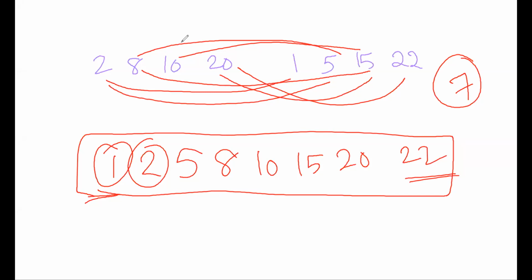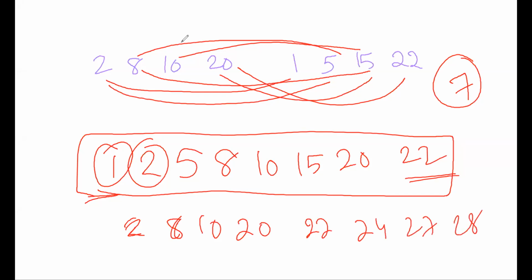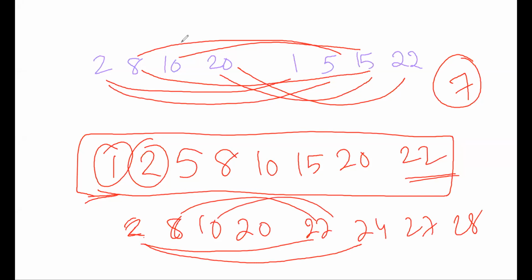It is possible that you have something like this: 2, 8, 10, 20. And all the values on the right hand side, suppose, are greater. So when you compare 2 with 22, 2 will go first. 8 with 22, 10 with 22, 20.